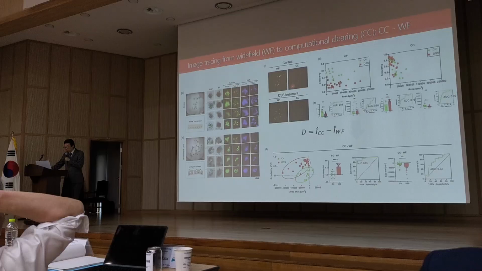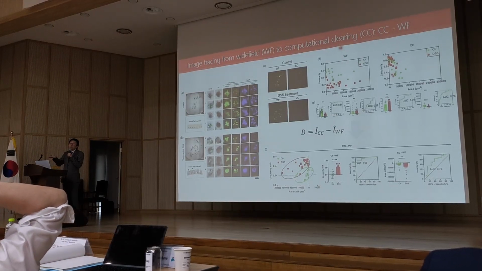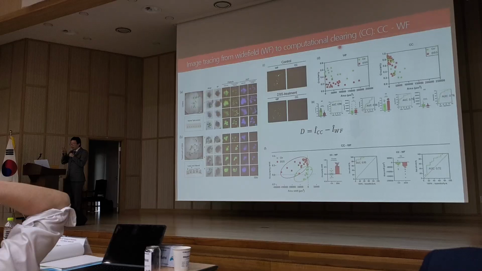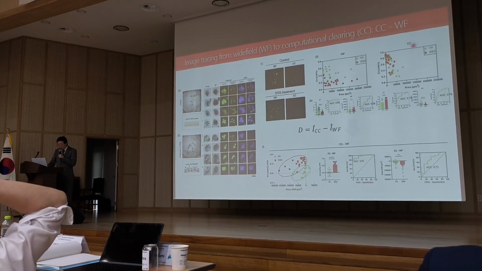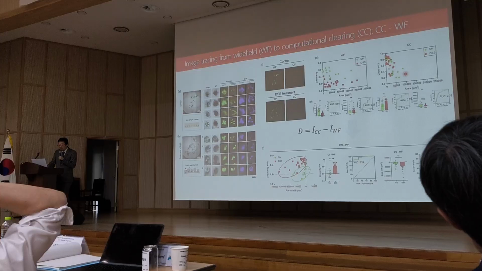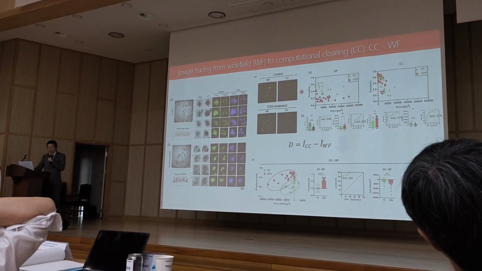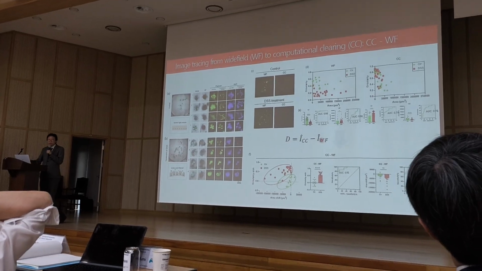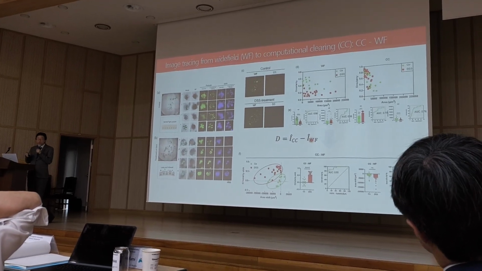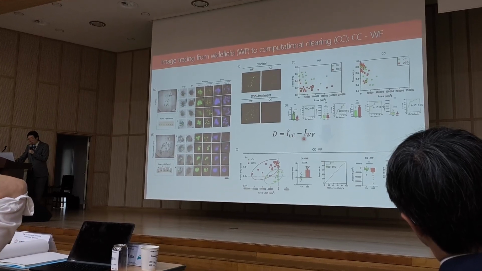Based on these two images, for the wide field image, we try phenotyping between intact and inflammatory organoids, and we also do that using the CC image. In some sense, it is possible to distinguish two different phenotypes. However, our assumption is that it will be more enhanced if we test the differential signal from CC minus wide field.